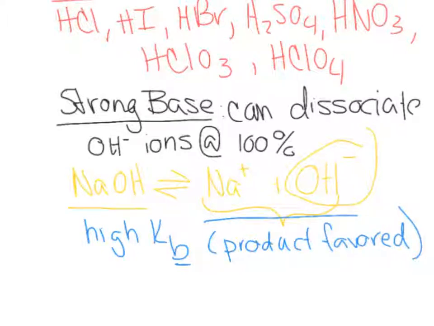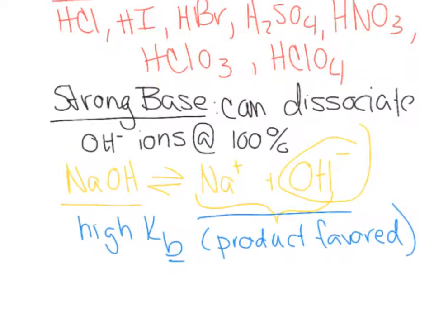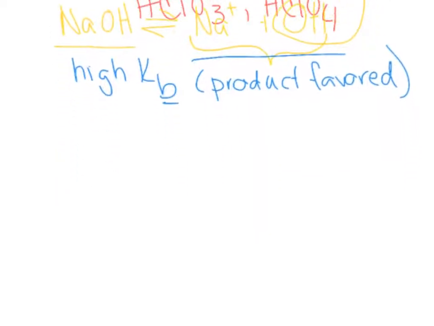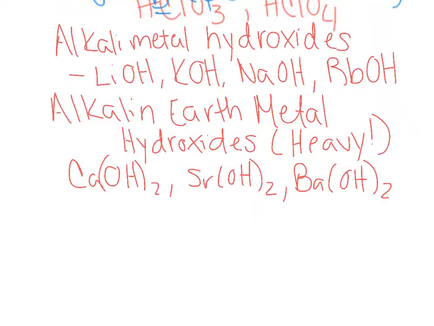We do have some more strong bases that you need to have memorized, and I will put those up right here. Really, instead of memorizing each individual strong base, I would memorize these rules. If we have an alkali metal hydroxide, that is any metal in group 1 with a hydroxide ion, it's going to be a strong base: lithium hydroxide, potassium hydroxide, sodium hydroxide, and rubidium hydroxide.